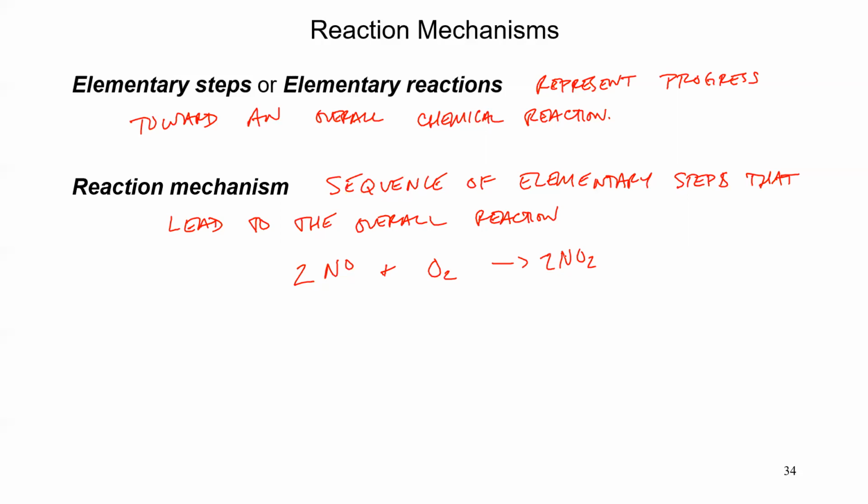However, you might discover that during this reaction, you detect a little bit of N2O2. N2O2 is not a reactant. N2O2 is not a product, but N2O2 must be one of our intermediates.